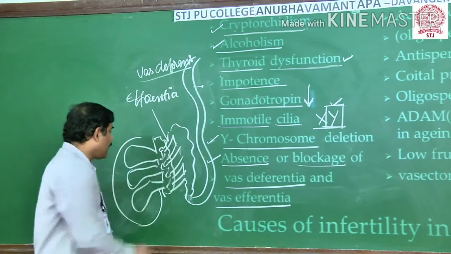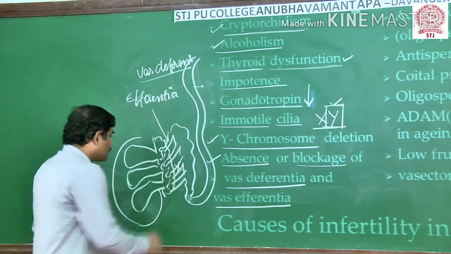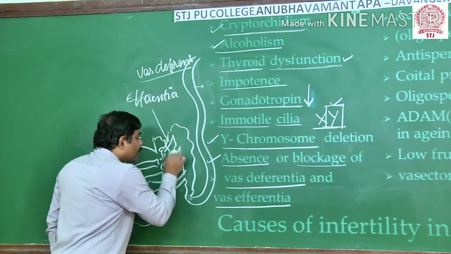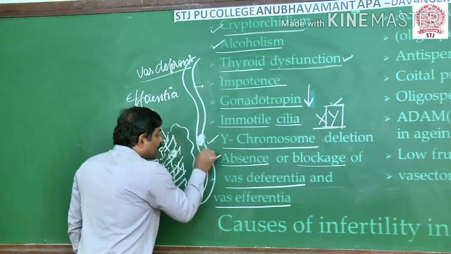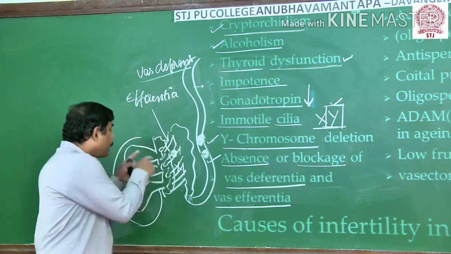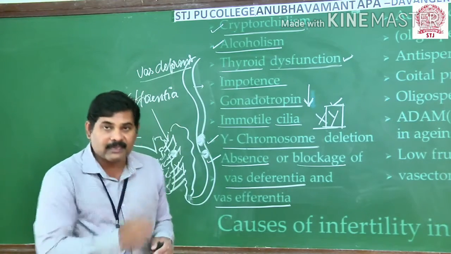In some males, there is no vas efferentia, or else the vas efferentia gets blocked. Meanwhile, the vas deferens also gets blocked. Then how does the blockage of the vas efferentia and vas deferens lead to infertility? Let us see clearly.